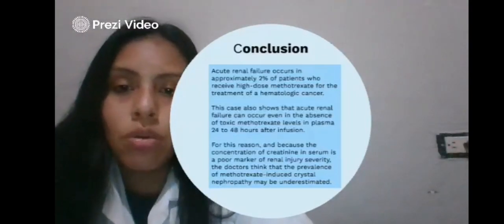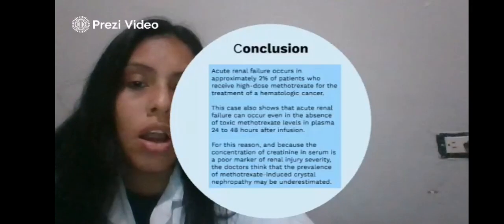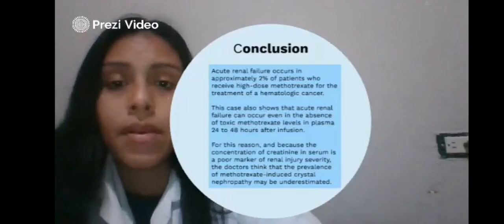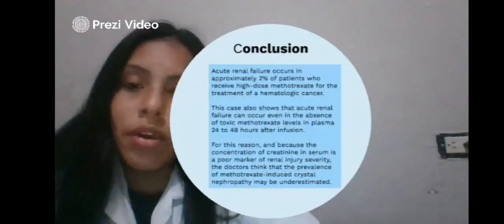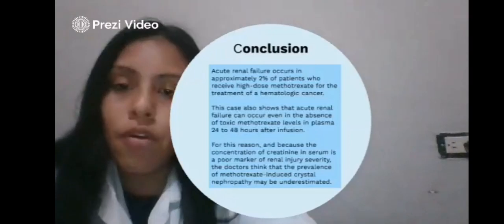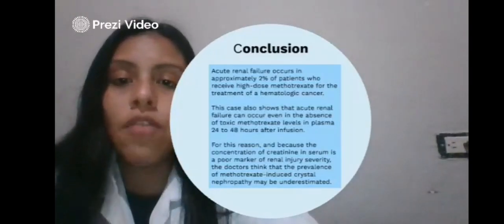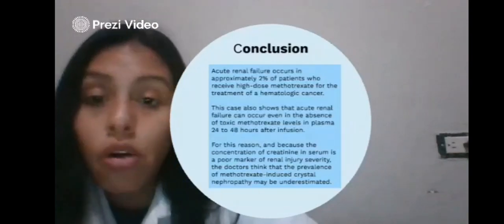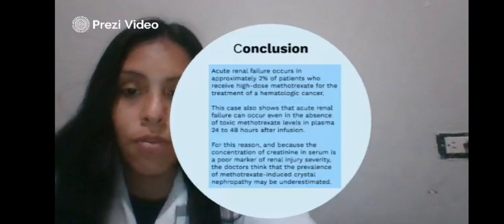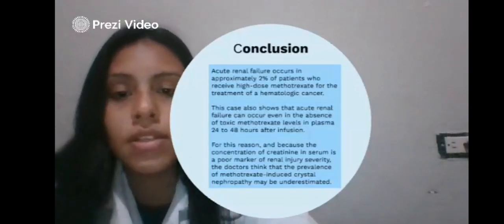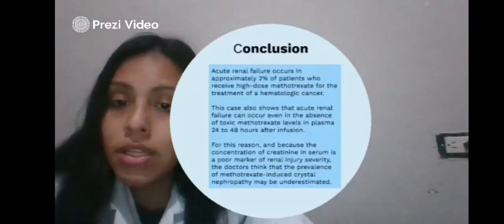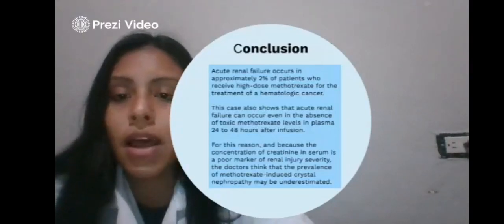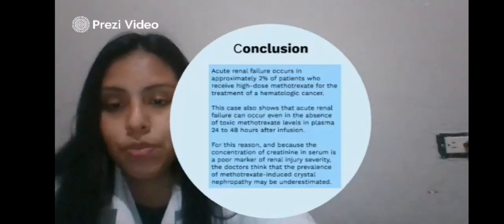This can also show how renal failure can occur even in the absence of a toxic methotrexate level in plasma 24 to 48 hours after infusion, and because the concentration of creatinine is zero, it is a broad marker of renal injury severity. The doctor tweeted that the prevalence of methotrexate-induced crystalline nephropathy might be underestimated. Thank you.